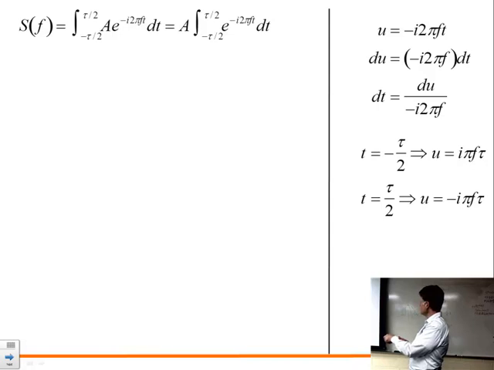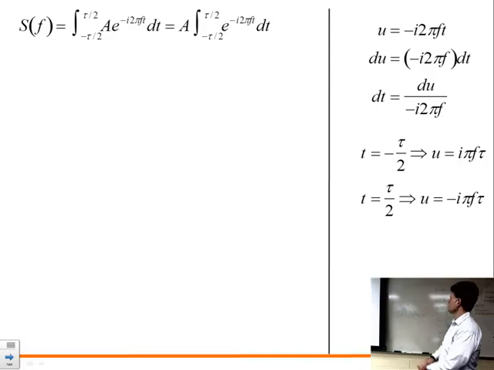And likewise, if I plug in plus tau over 2 up here, I get minus i pi f tau. So those are going to change the limits of integration.